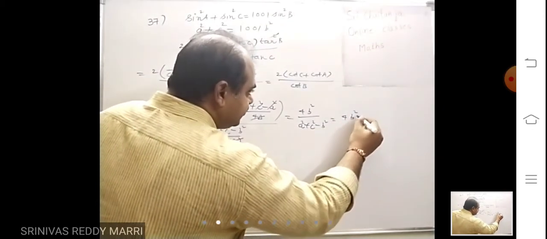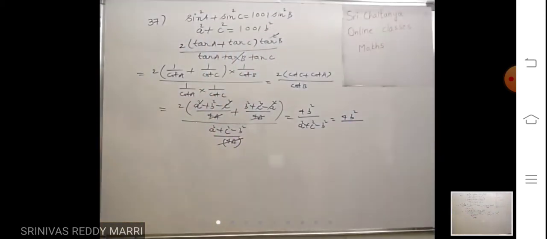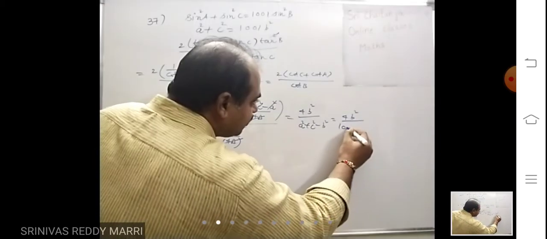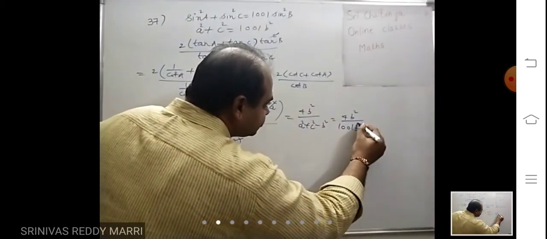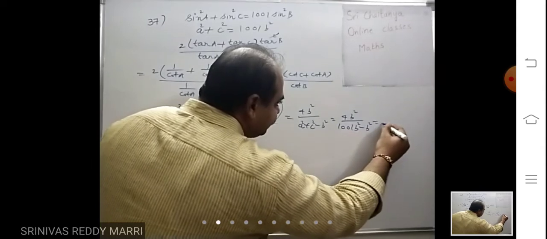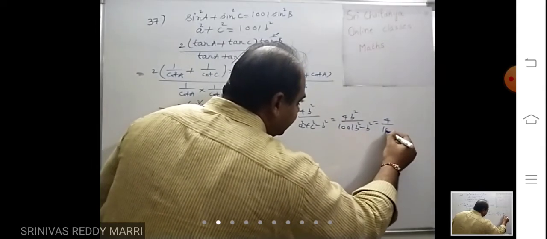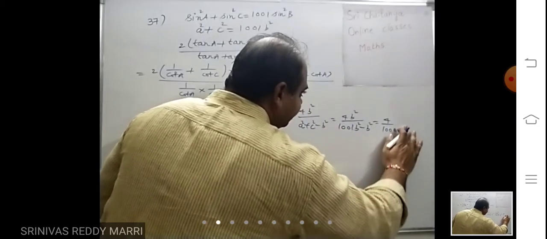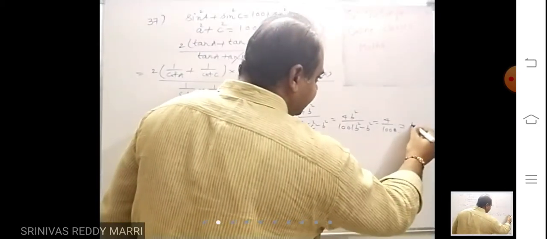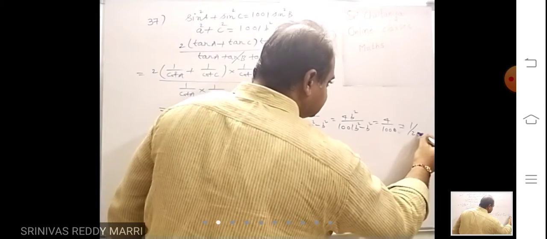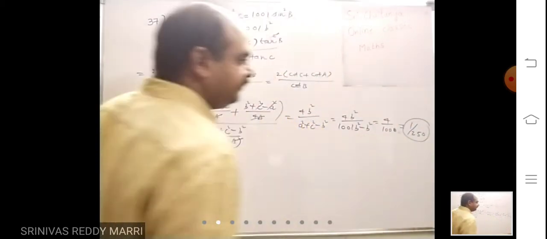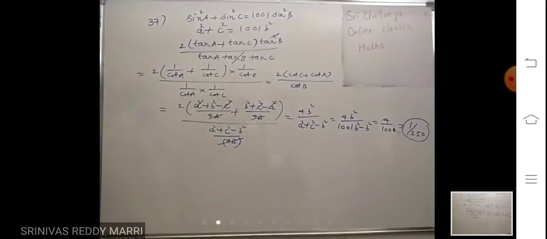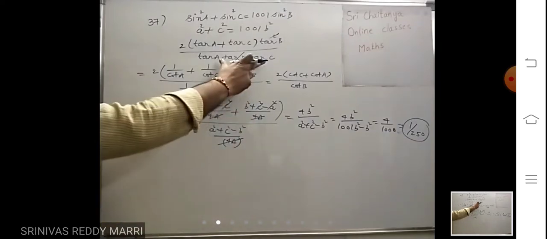So 4b square divided by 1001 b square minus b square, so 4 divided by 1000 b square. B square will get cancelled. So the answer is 1 by 250. Right?